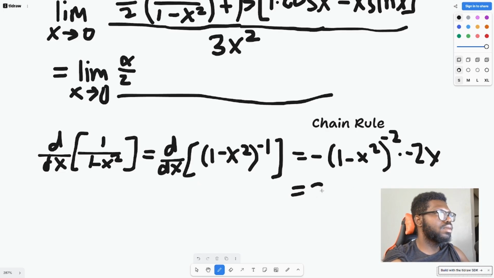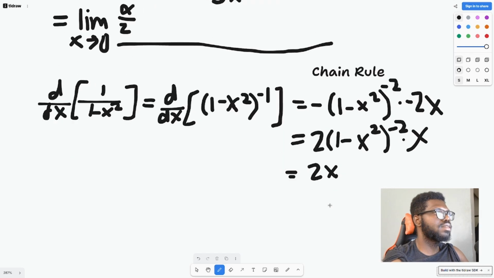We are going to end up with 2 times 1 minus x squared to the negative second power times x, or 2x over 1 minus x squared to the second power.